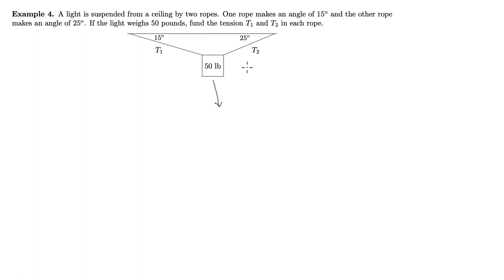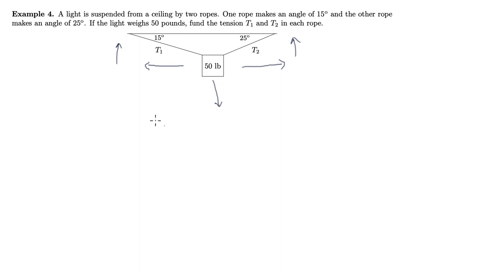T2 is going to be pulling the light this way and then also up, holding it up. T1 is going to be pulling the light this way and then also pulling it up. So the light is in what's called static equilibrium. And so all that means is that all of these arrows are balancing out.